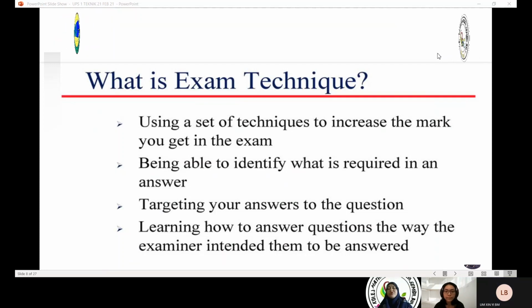Okay, and then learning how to answer questions the way the examiner intended them to be answered. Actually for objective maybe quite simple lah, but like what Madam Lim mentioned just now, sometimes you kata oh lah objektif boleh tembak, tu yang menyebabkan you cannot get full mark. Alright, so cikgu always remind all my students, make sure UPS ni kalau boleh you try to make fewer mistakes.